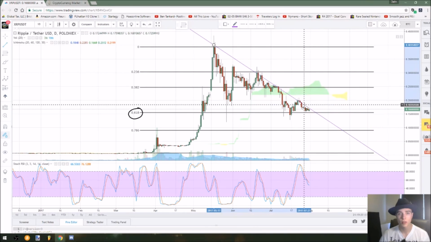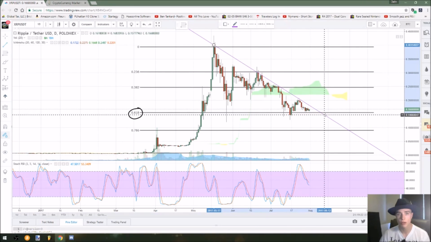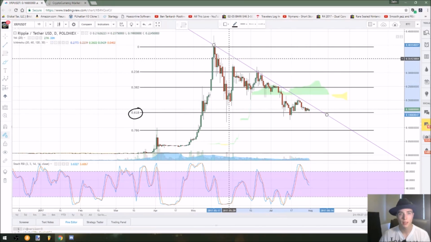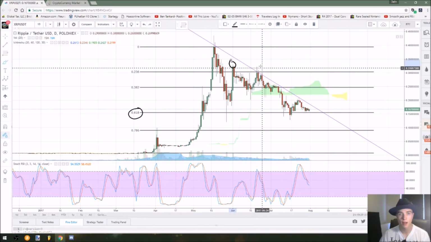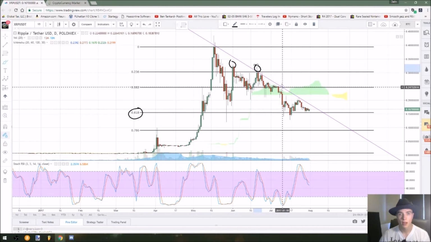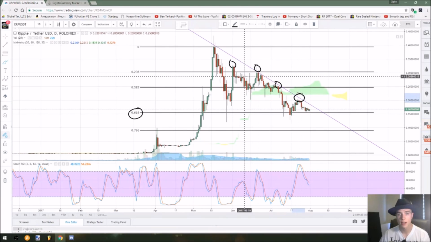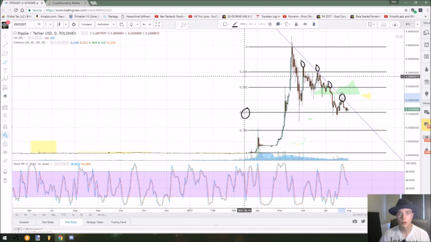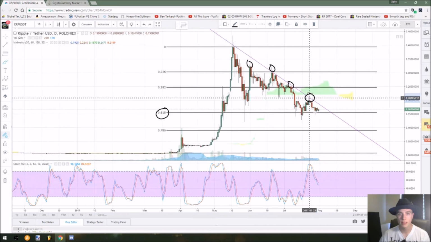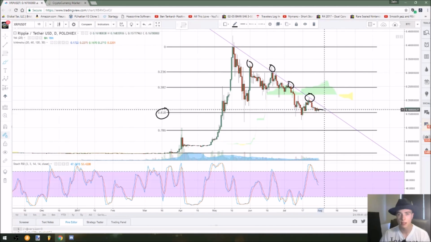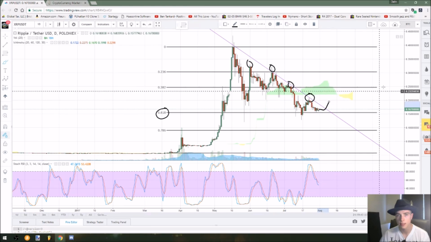Another thing to be paying attention to is descending resistance. I'm going to go ahead and drop this purple line. Every single time prices come up to this point or near this point, we have a sell-off. As you can see, we continue to have sell-offs in these areas and a sell-off in this area as well. So what we really want to see is if we can break out right here, this intraday candle, and break descending resistance.